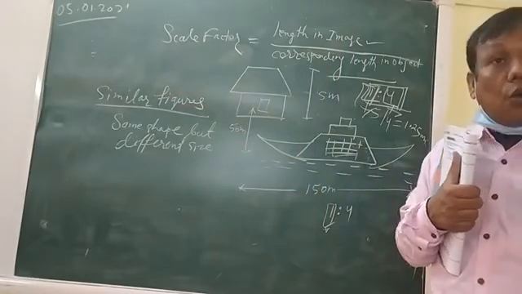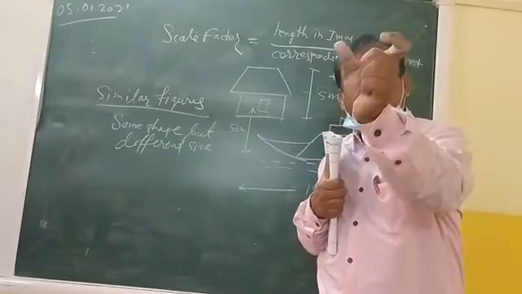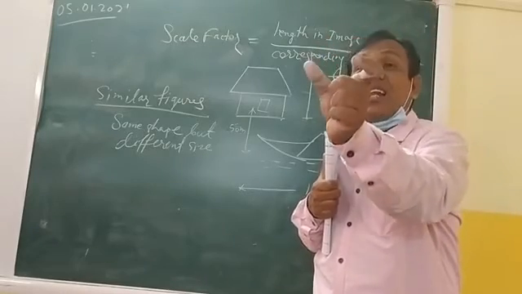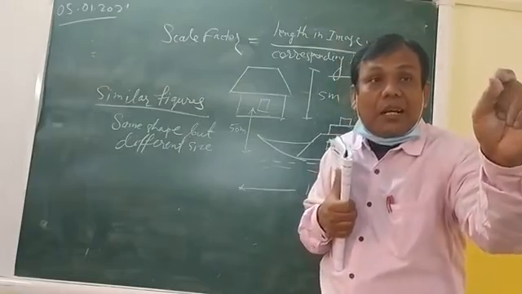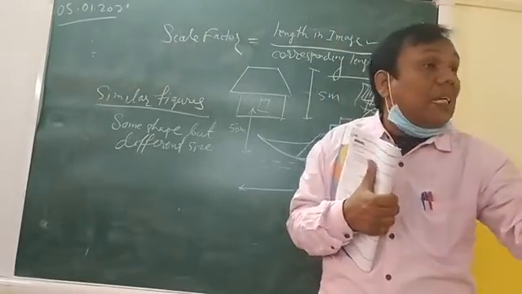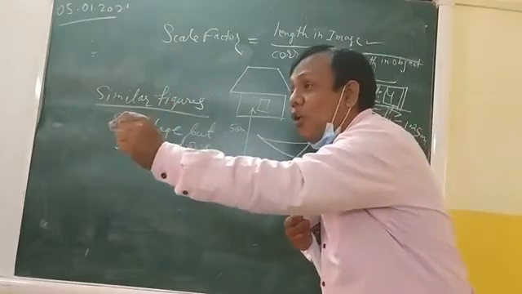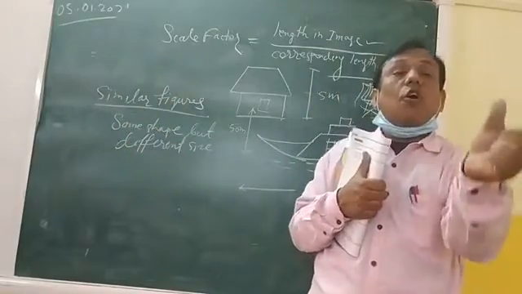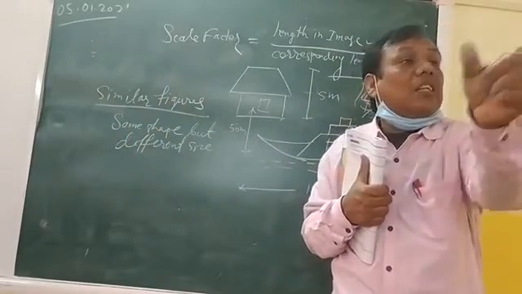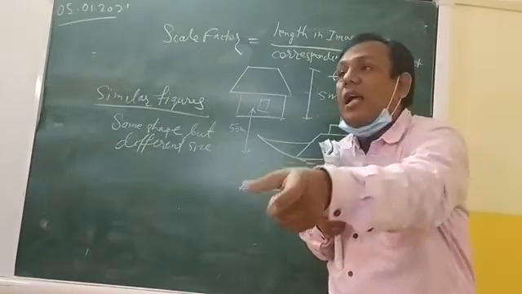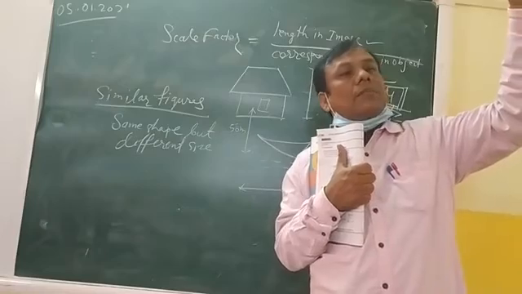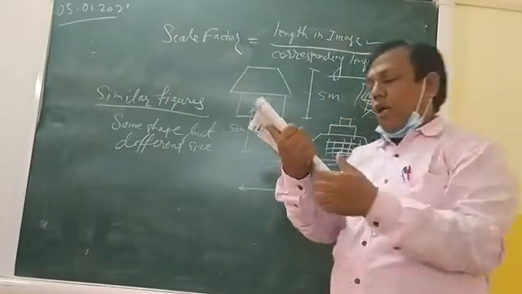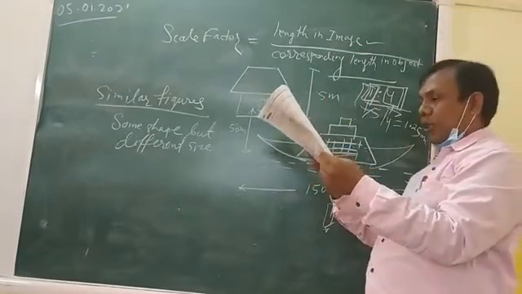Very correct, because the width of the original boat is 60 centimeter and the scale is 1:4. So the width of the model will be 60 divided by 4 and the answer will be 15 centimeter. Clear? Yes, sir. Clear everyone? Okay, now move towards the next question.